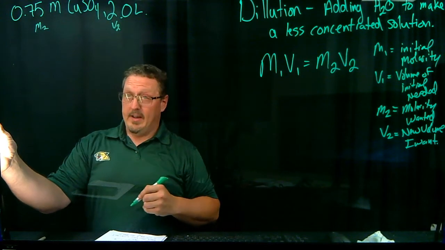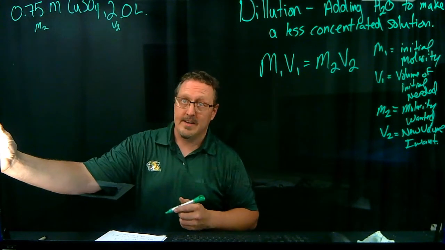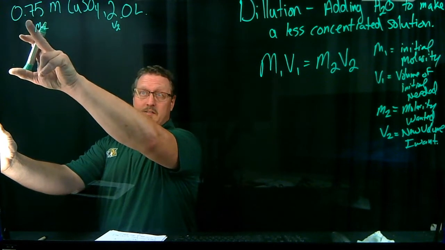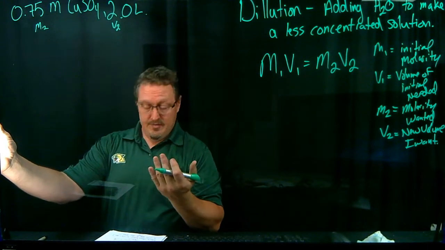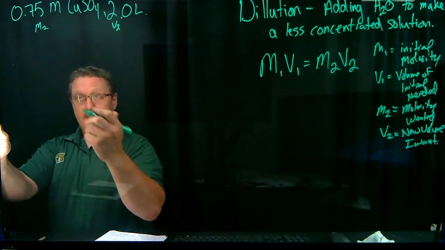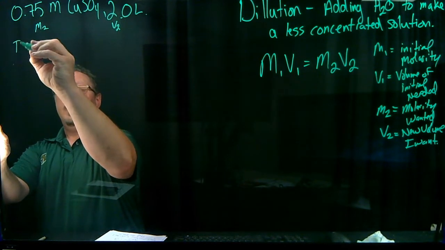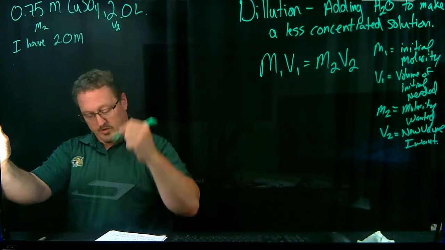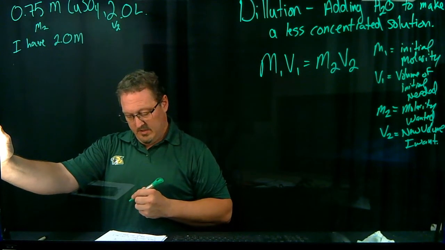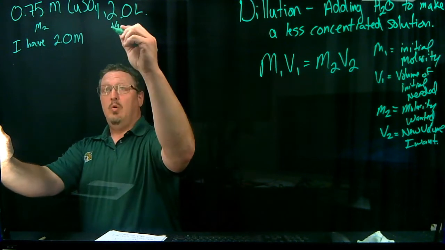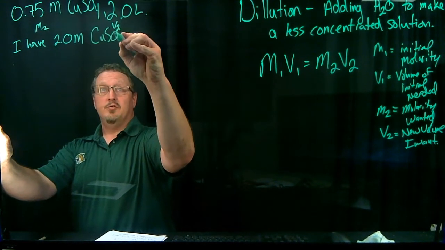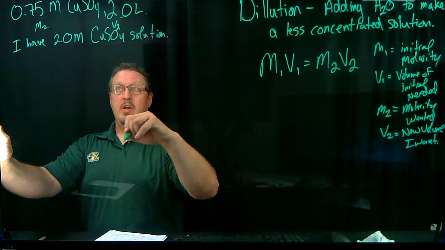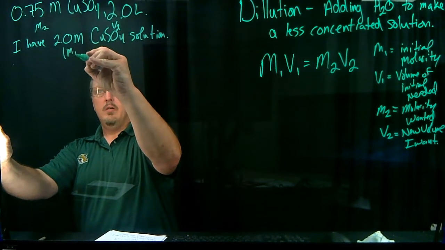Now, if I go back into my chemical stock room and I start looking around for copper sulfate, I need a concentration bigger than this that I can dilute down and hopefully have enough. So let's say that I find I have a 2.0 molar copper sulfate solution that we're going to start with. So this is my M1.